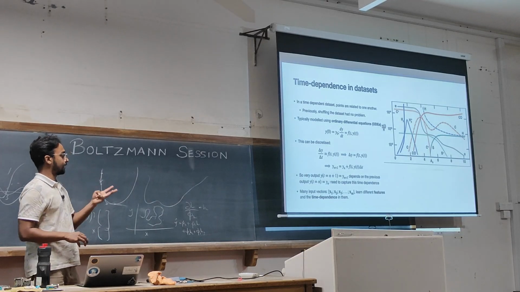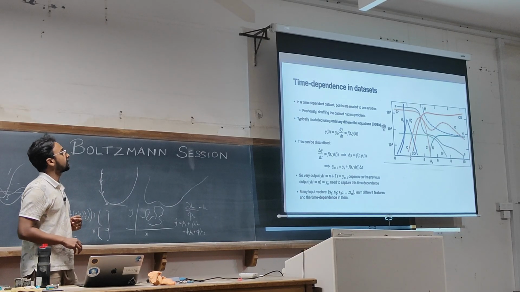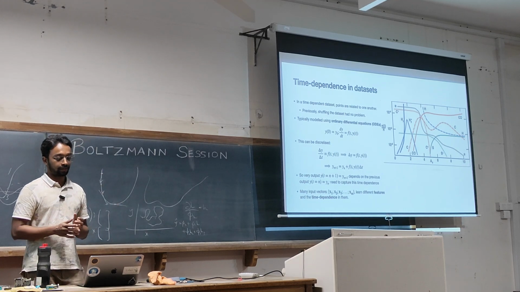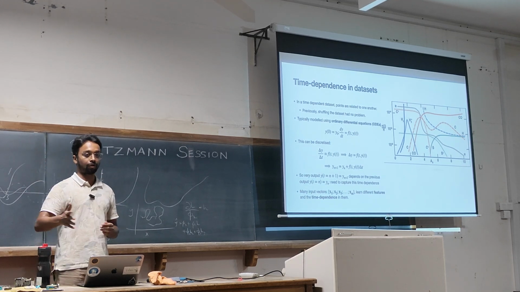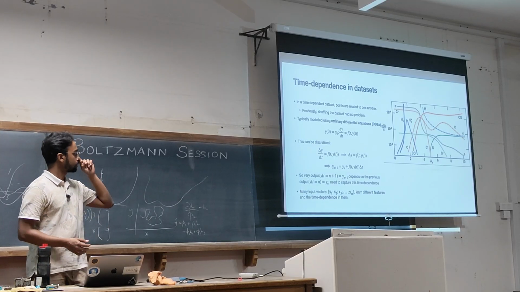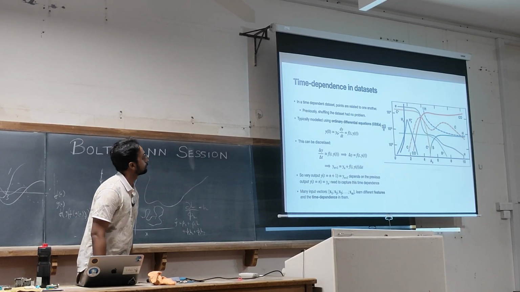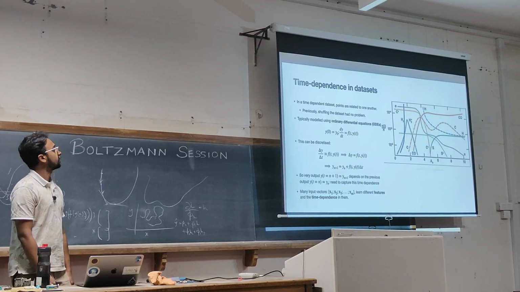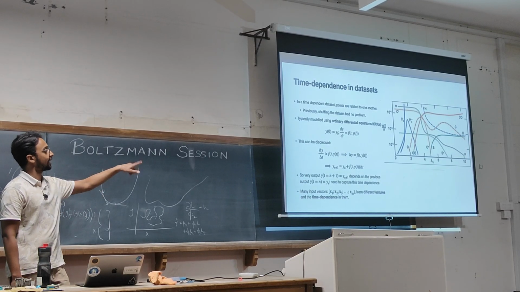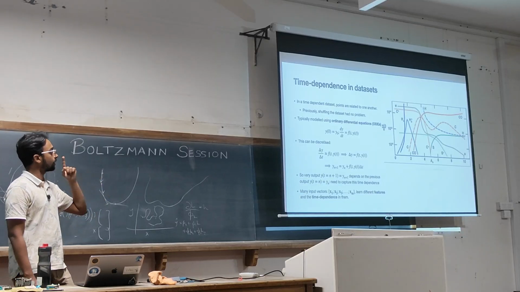There are 3 variables that I used, and I set those 3 variables to some initial values, and then based on that, if you evolve this set of ODEs, you get this kind of plot, and you want to capture the time dependence in this plot.